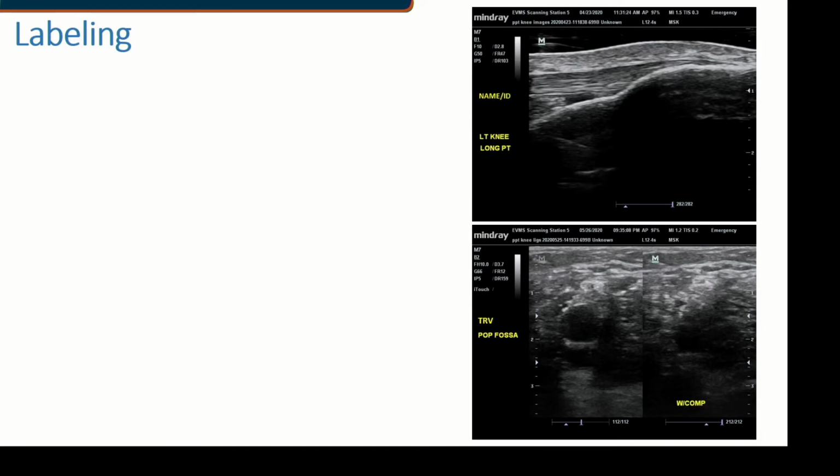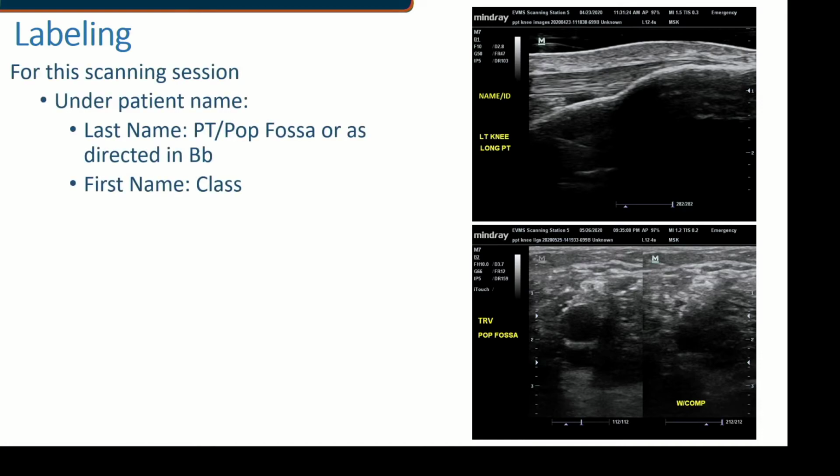All right, so just to reiterate on the labeling, remember that for this scanning session, under the patient's name on the last name, if there's any different instruction in Blackboard, be sure to look for that, but generally just put under PT would be your patellar tendon, popfossa, because we may be asking you to take a look at those vessels and practice your skills on identifying the vessels.